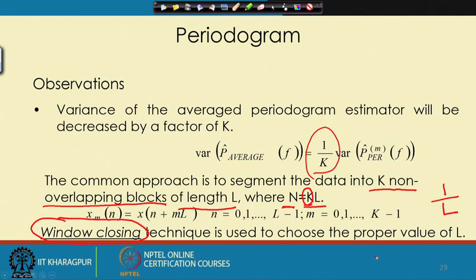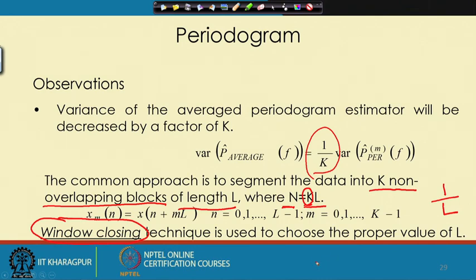After that, we keep on increasing k, as it goes from 1 to 2, 3, 4, L decreases, and we see how the PSD changes, and we continue until it becomes smooth.